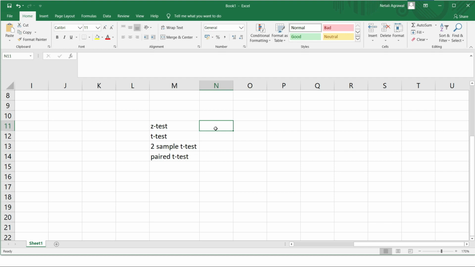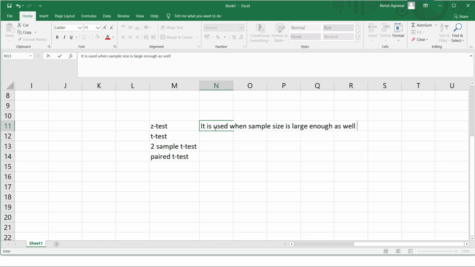Z-test and t-test are both for one sample. So when to use z-test? It is used when the sample size is large enough, as well as when you know the standard deviation of the population.